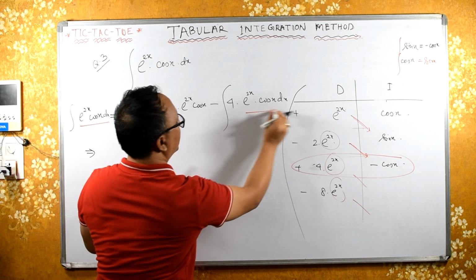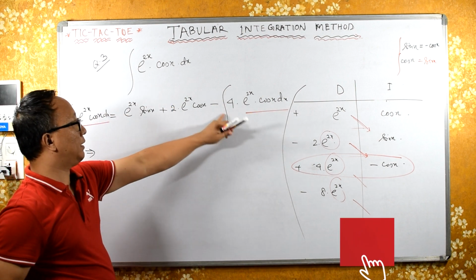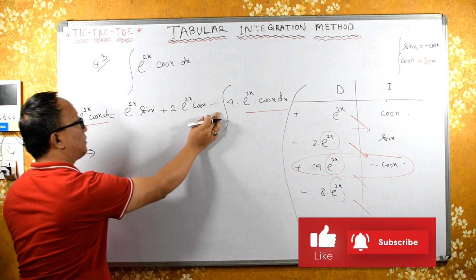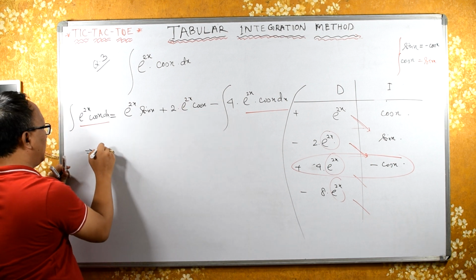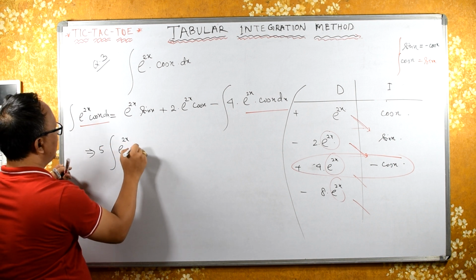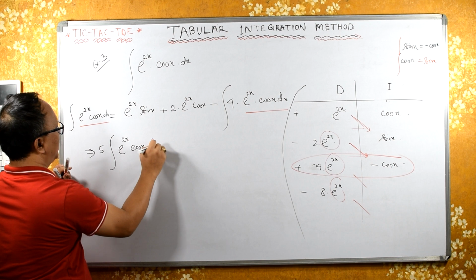This and this are the same term, so here minus 4 becomes plus 4. 4 plus 1 is what? 5 e raised to 2x cos of x dx. How come 5?